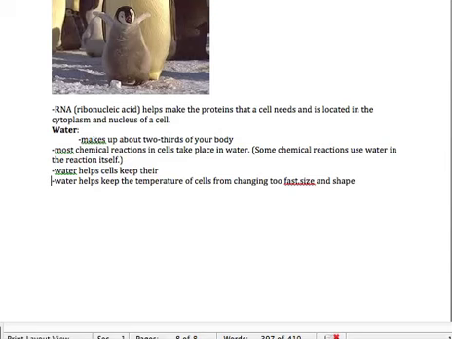But at night, fast forward a few hours when it's cooled off in the air, you jump in your water and it'll probably feel warm. Again, because the temperature of the air is going to change a lot quicker than the temperature of the water. Water helps keep the temperature of your cells from changing too fast, just like it does in your pool.